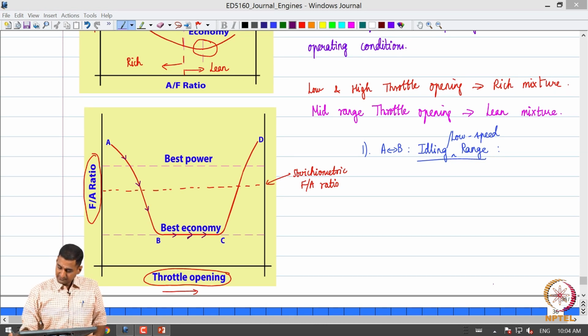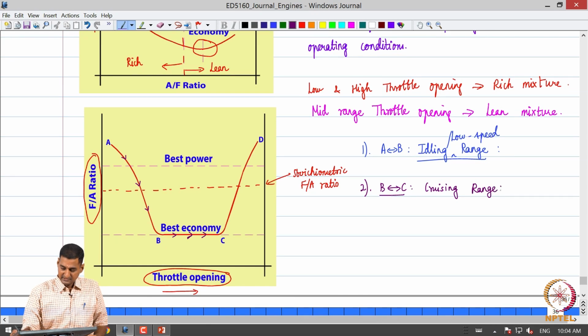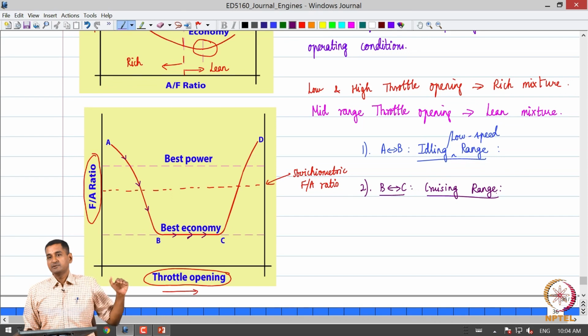The second region, which is B to C, is what is called the cruising range. A cruising range is where the vehicle is going at almost constant speeds, and we want a lean mixture there, just to sustain the vehicle's motion.